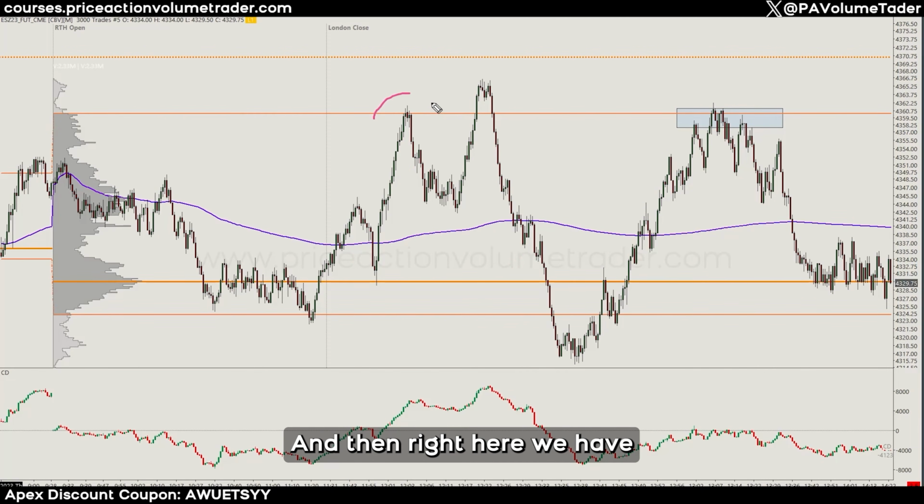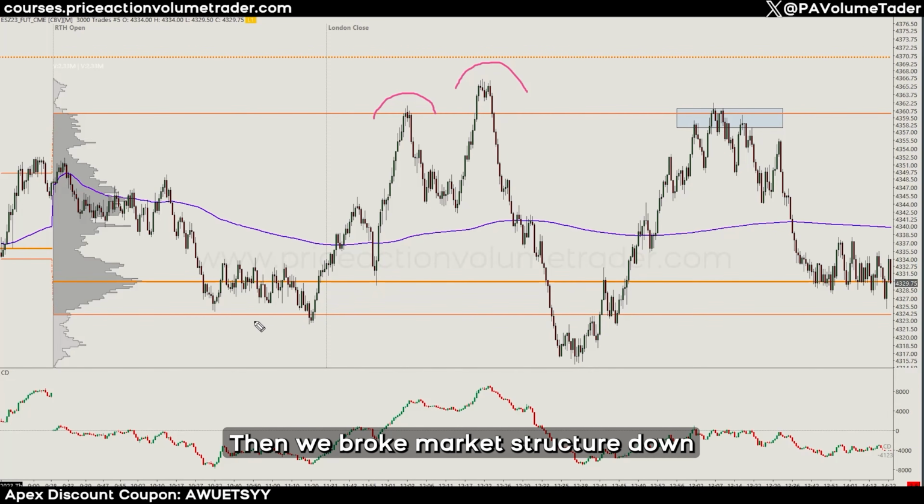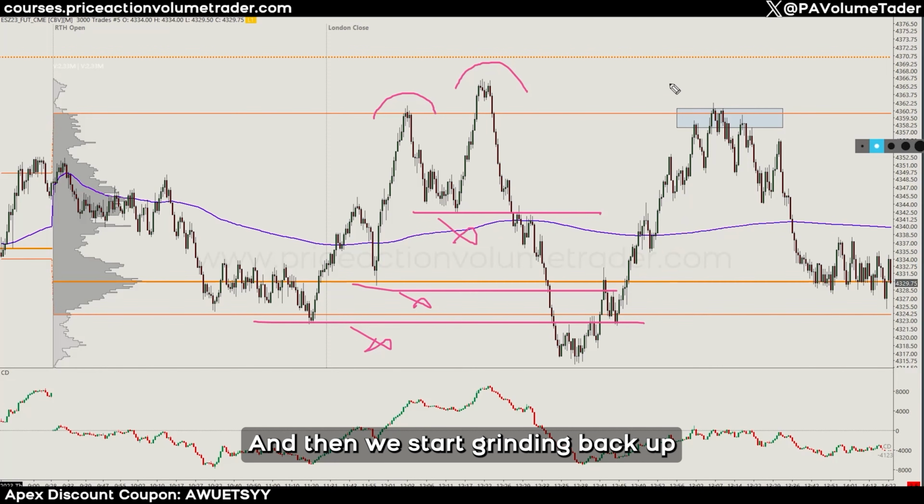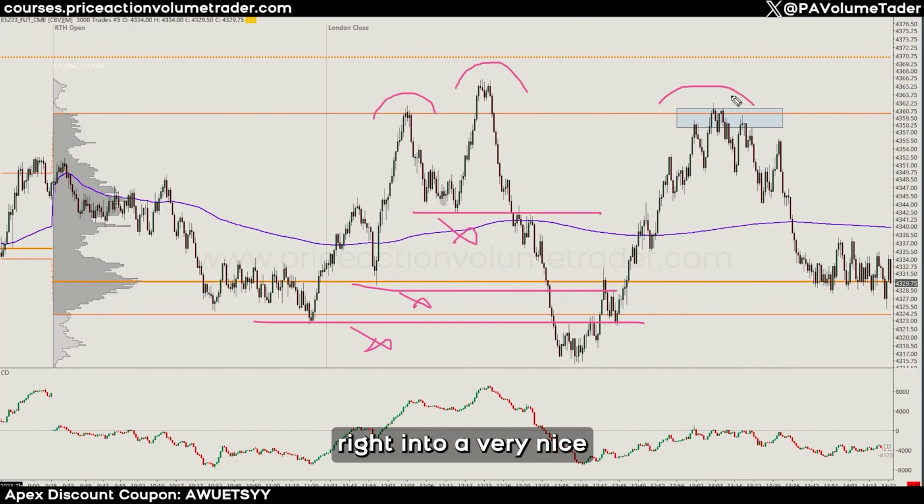And then right here, we have a swing high, a higher high. Then we broke market structure down. All these swing lows were broken. This is a very quick liquidation break right here. And then we start grinding back up right into a very nice over-under pattern. You can see this is also the top edge of a high volume node.